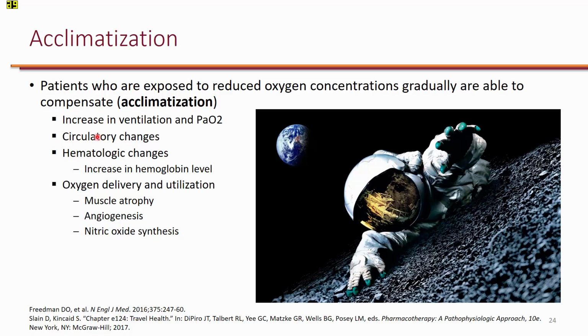There are also circulatory changes, and hematologic changes such as an increase in hemoglobin level. There's also oxygen delivery and utilization: muscle atrophy, angiogenesis, and nitric oxide synthesis. All these compensatory mechanisms will help prevent high altitude sickness.